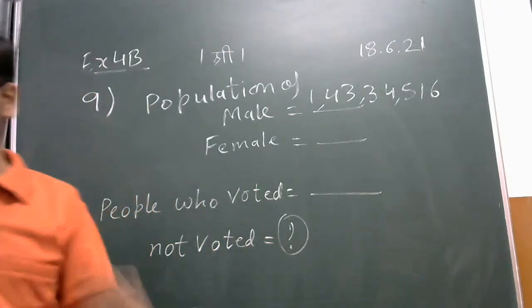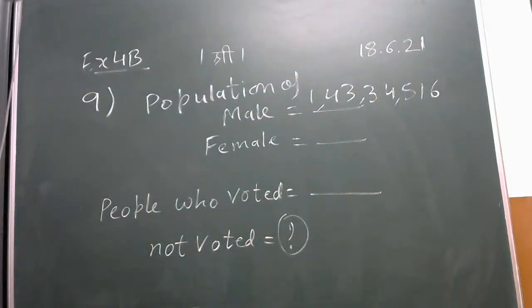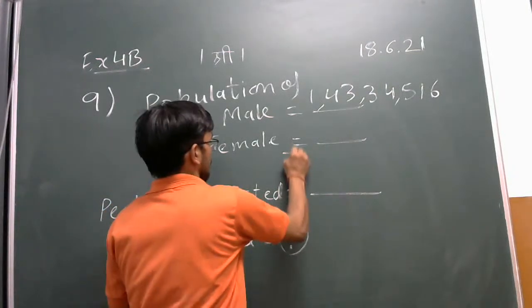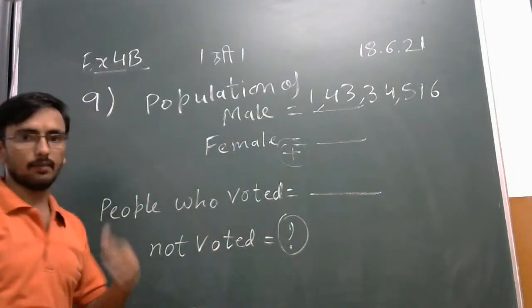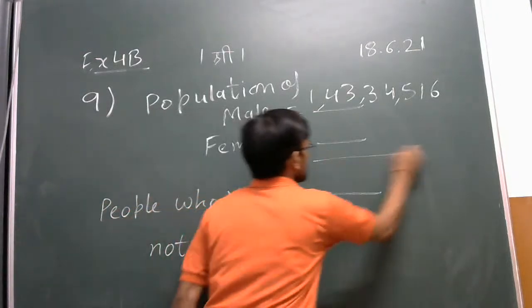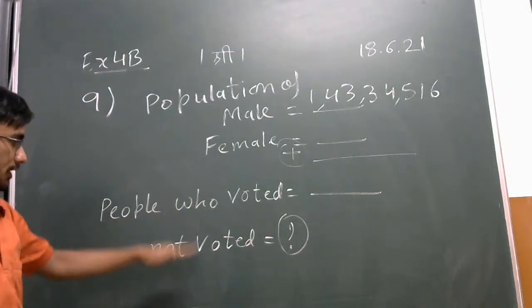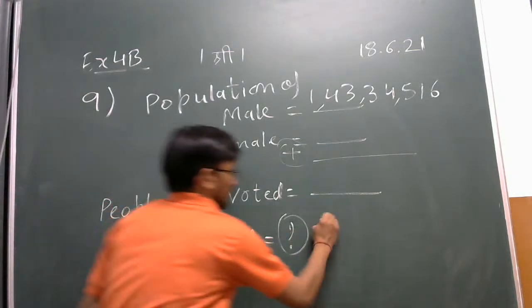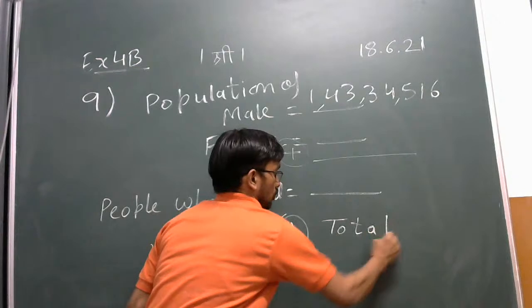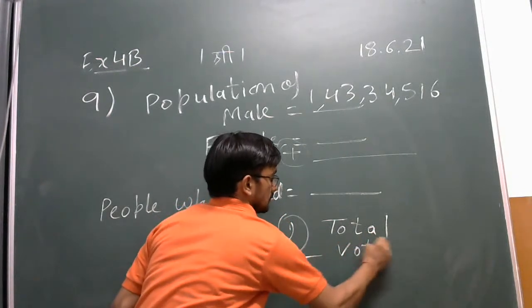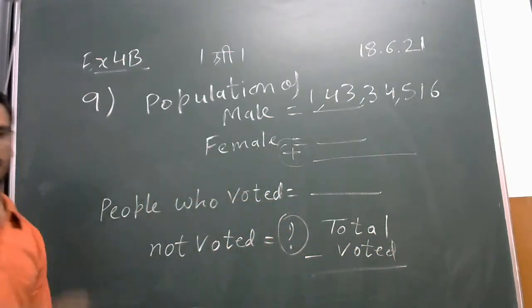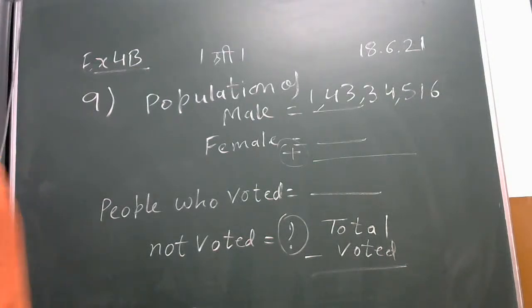Here the male and female population is given, so we will find the total. When we add, we get the total, and from that total these many voted. So how many not voted? Total minus voted. So first add and then subtract.